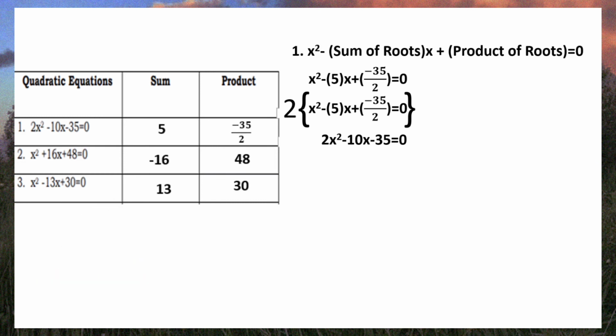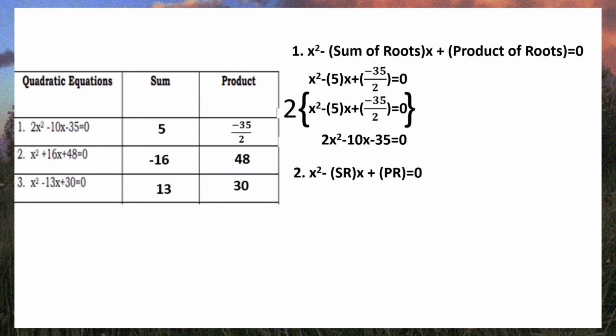So, ganun lang ang paggawa or paghanap ng quadratic equation from the given sum of roots and product of roots. Kailangan maipalit nyo lang siya dun sa equation na x squared minus sum of roots x plus product of roots equals 0.